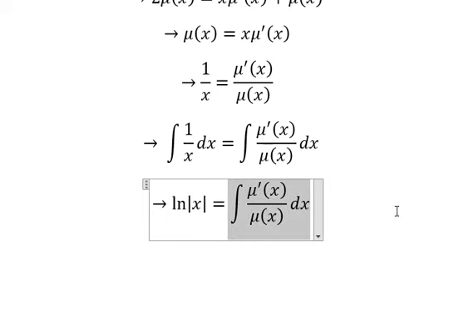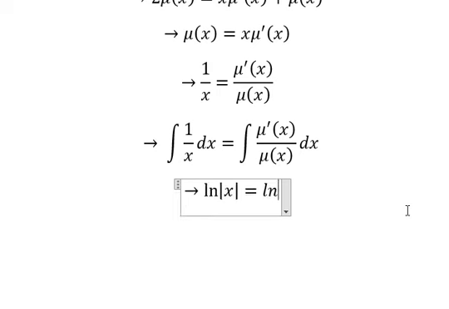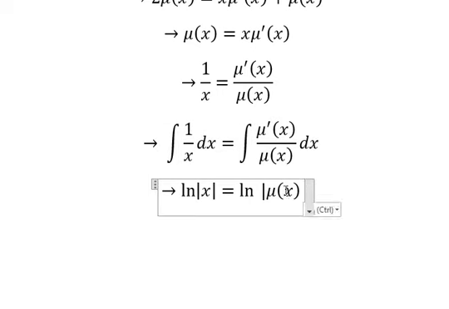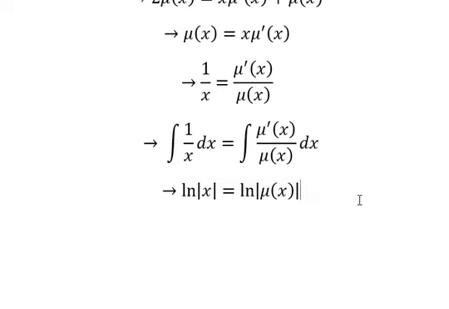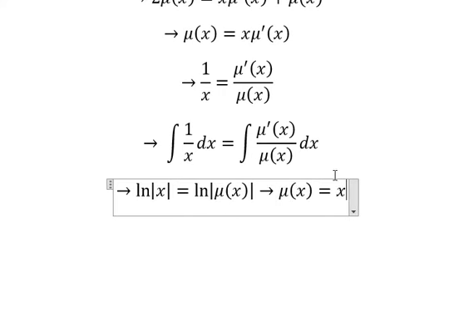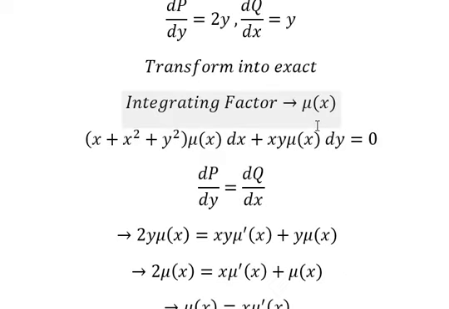The integration of this one, we have ln of the absolute value of mu s. So in this situation, the integrating factor is mu s equals to s. That means we multiply both sides by s.